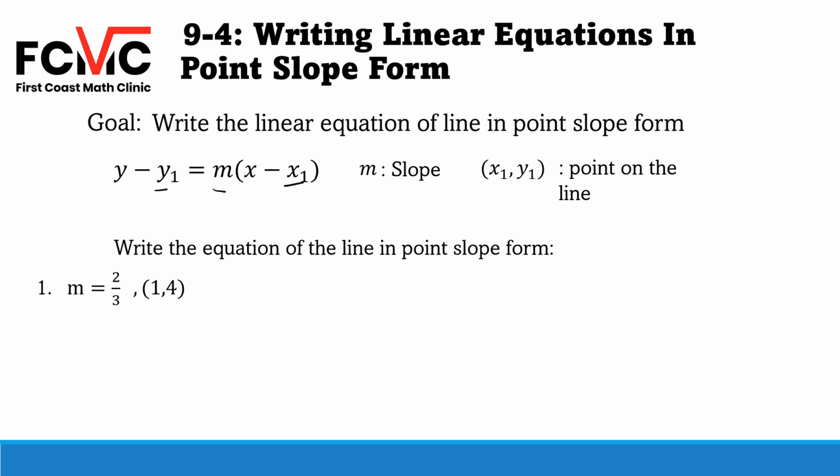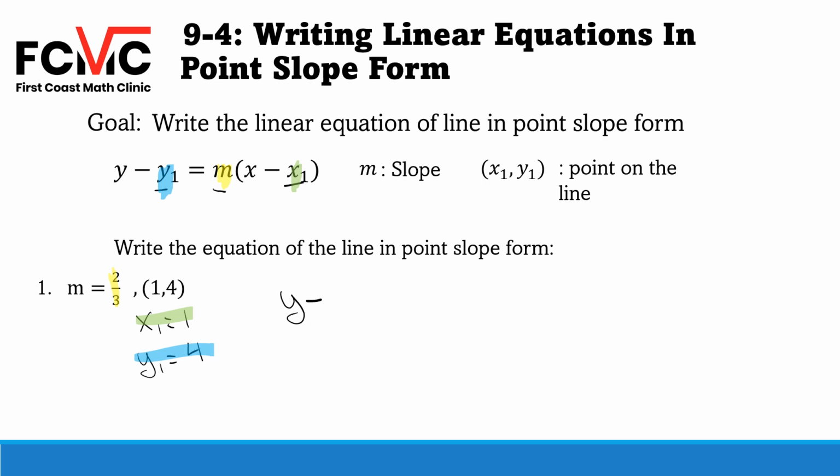So m is 2/3. x1 is going to be 1. y1 is going to be 4. So we're basically going to substitute those values, right? In our equation, we're just going to replace our values.